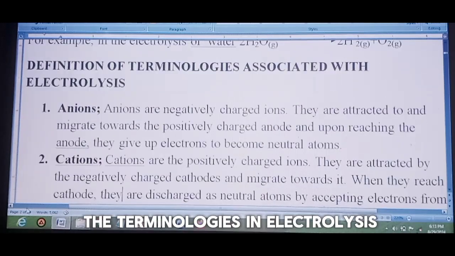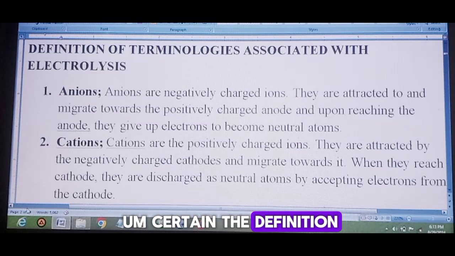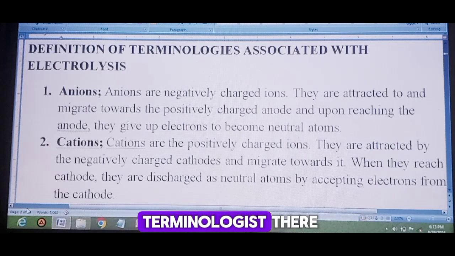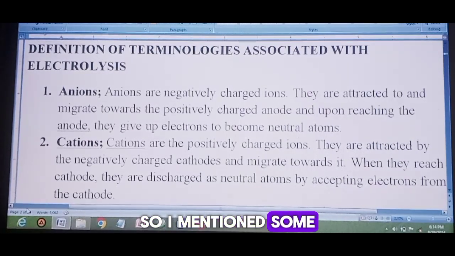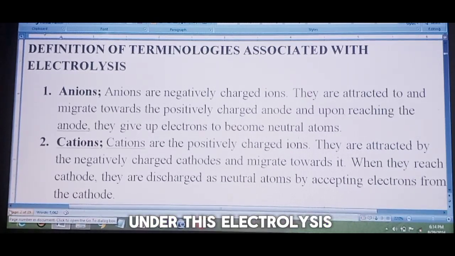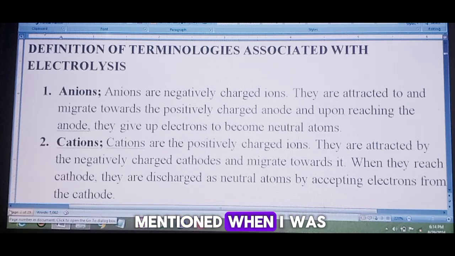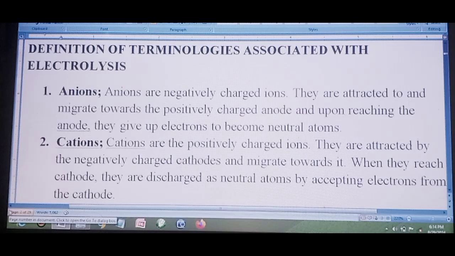Now let's look at the terminologies in electrolysis. When I was stating the definition of electrolysis, I mentioned a few terminologies there, but I'm going to be explaining them. The first term that I mentioned when I was defining electrolysis was electrolyte.